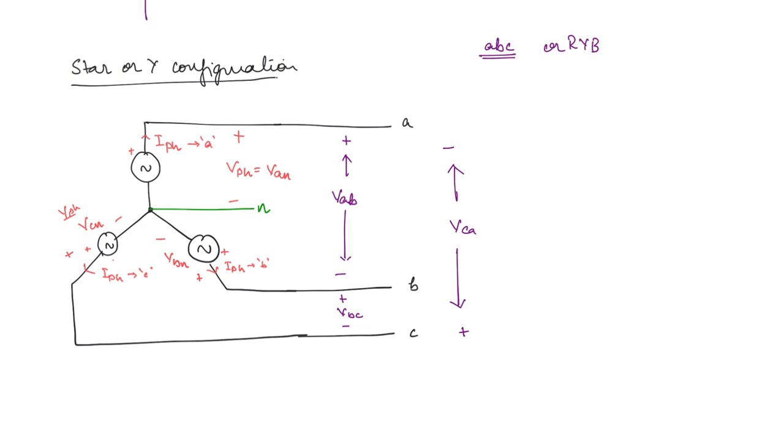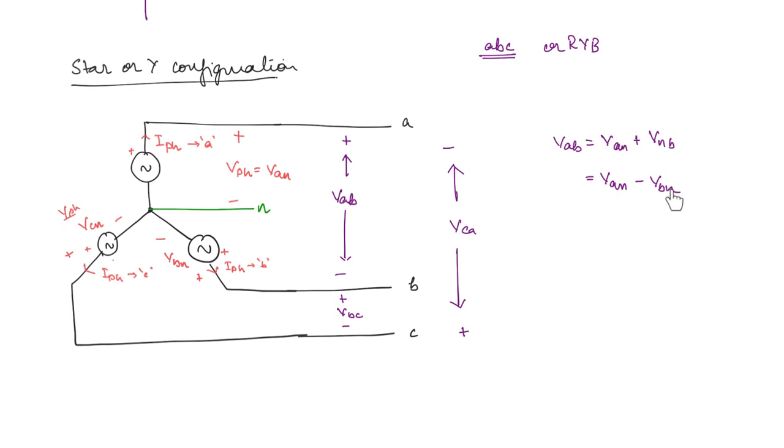So here you can see that VAB we can express in terms of the phase voltages. How can you express it? Here VAB is equal to VAN plus VNB. VAB is equal to VAN plus VNB. Okay, but this you can write as VAN minus VBN. Okay, so that means when you are taking from N to B, you have VNB.